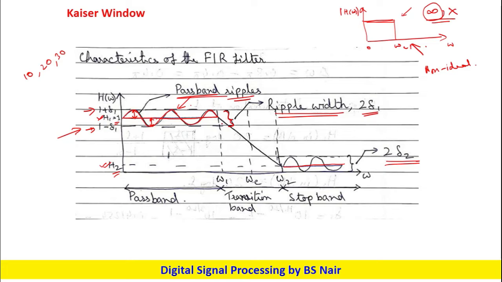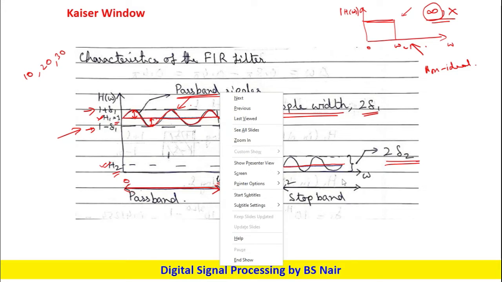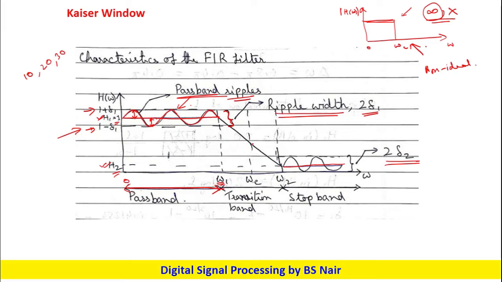Then we have the passband from 0 to omega 1. We have the passband up to here. So what will we take as omega 1? Omega 1 will be taken from the point where the amplitude response starts linearly decreasing.